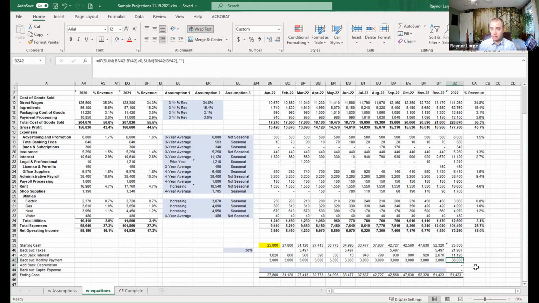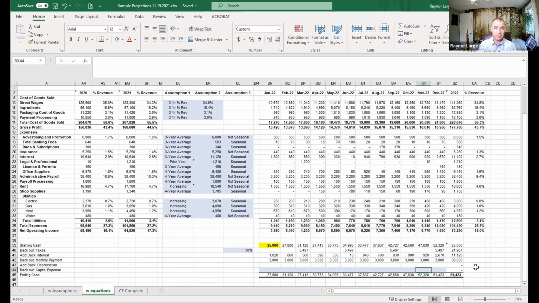So in other words, my summary for the year is that I start with $25,000 in my bank account. I make $73,000. I spend $21,000 in taxes. I spend $36,000 in principal and interest payments.